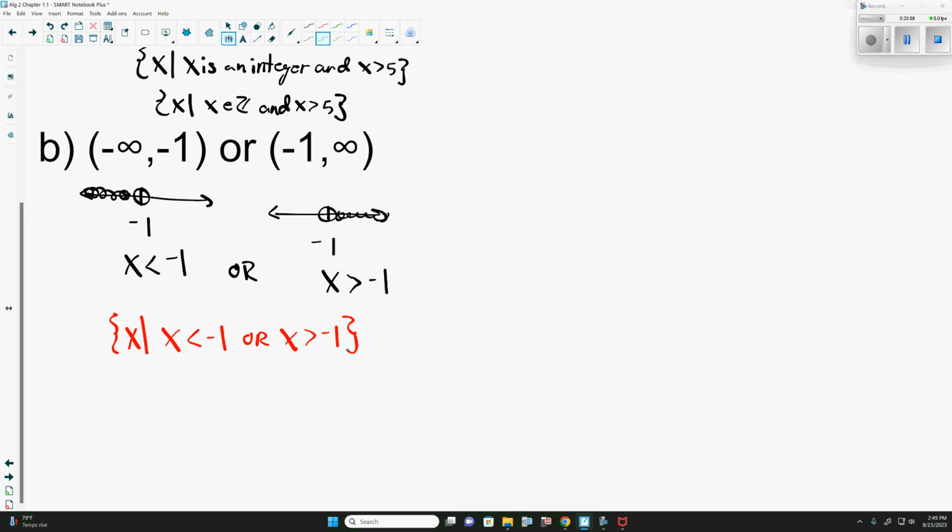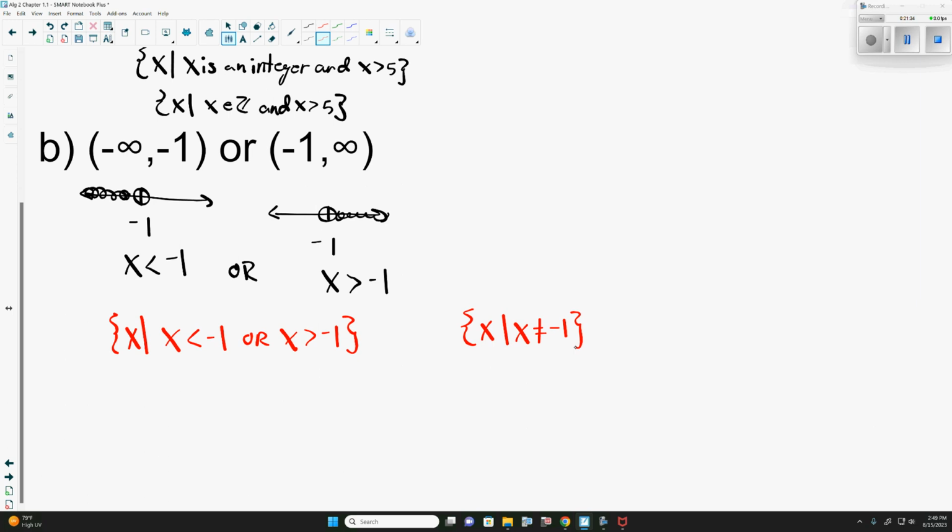What value can x really not be? -1, because we're saying that it's less than it, or it can be greater than it. So the only value x cannot be is -1: the set of all real numbers x such that x is not equal to -1.